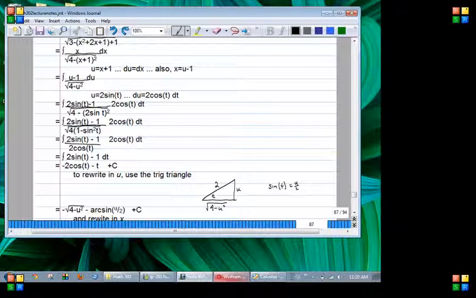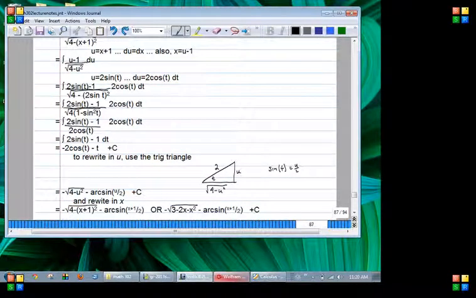So we put it back in u, but we still have to write it in terms of x. Well, that was easy because u equals x plus 1. So you can replace the u with x plus 1, and you get the first thing.